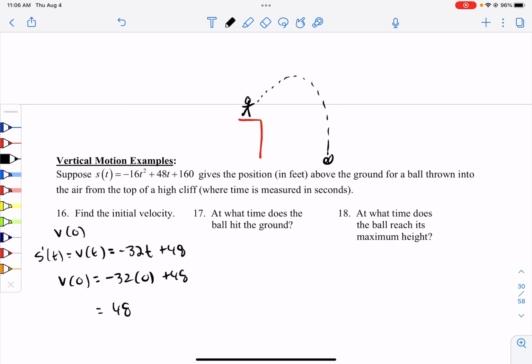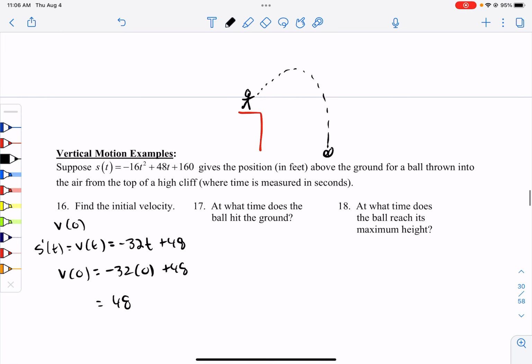First of all, it gives me my position function, s of t. My position is going to be 0. If I'm doing vertical motion, 0 is the ground. You could also argue that when it hits the ground, the velocity is also 0. I don't like that.